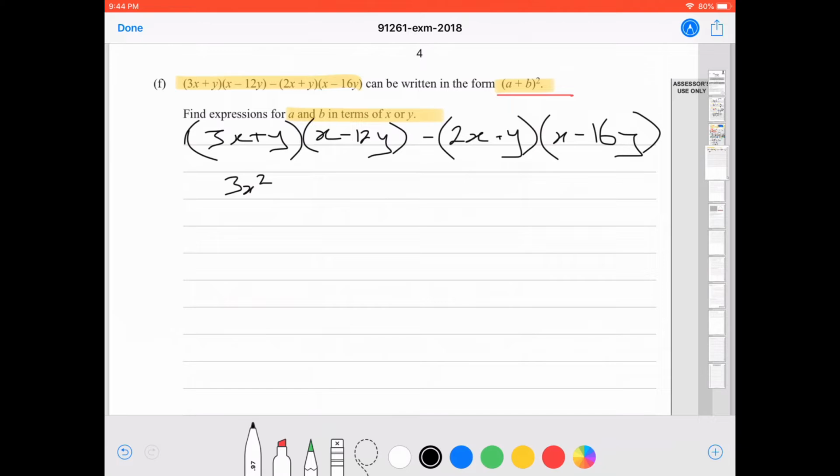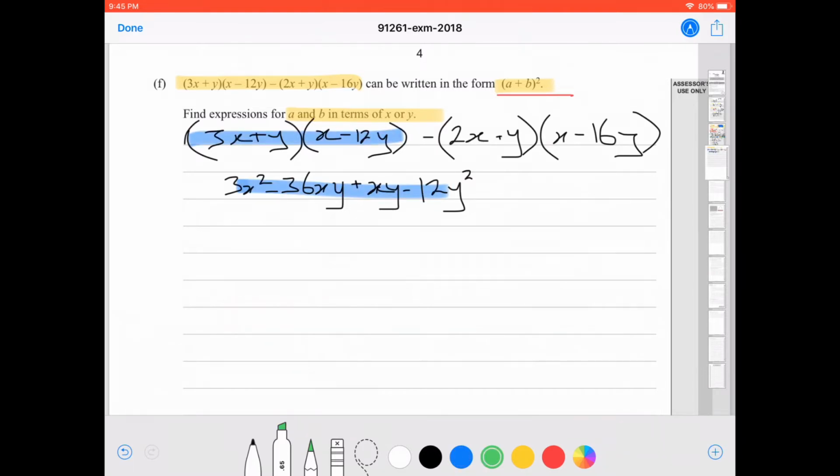Let's not simplify just yet. x times y is just xy, and the c term, or the last term, is y times negative 12y, so not plus, but rather negative 12y squared. Okay, this expression corresponds to our first two sets of brackets here.